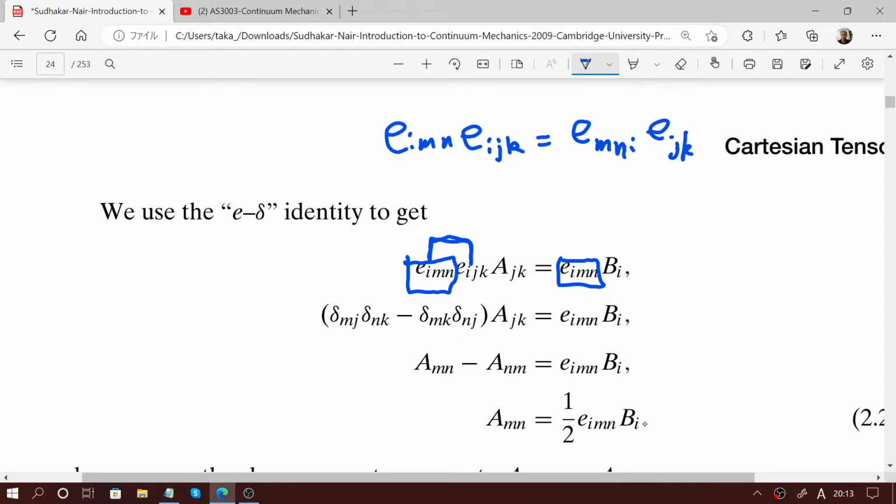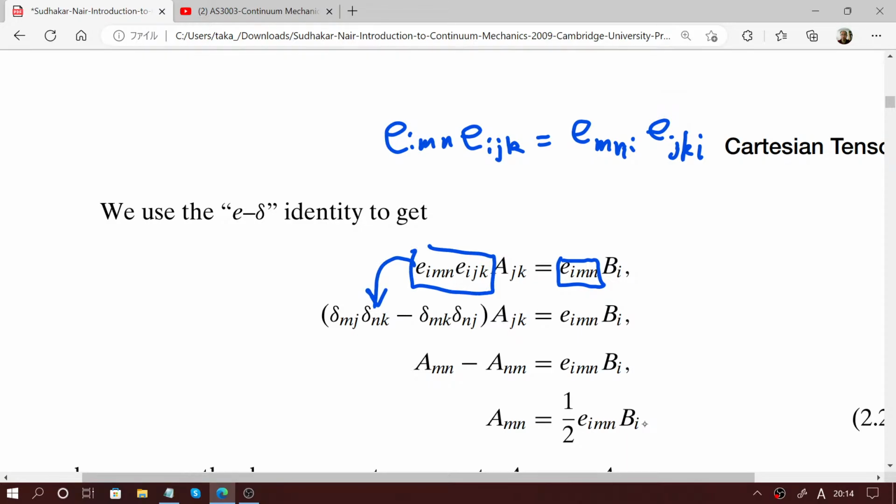So this part was replaced by delta MJ delta NK minus delta MK delta NJ, and this other part is the same.